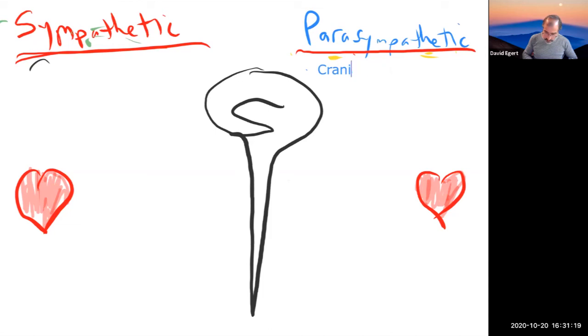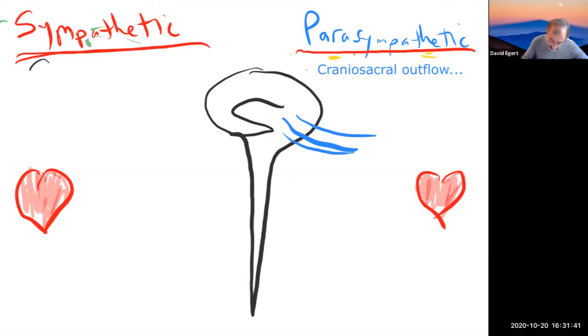Meaning that the nerves, the axons that form the parasympathetic system, most of them are arising from the cranial nerves, just straight off the brain, and then also just from the sacral region of the spinal cord.